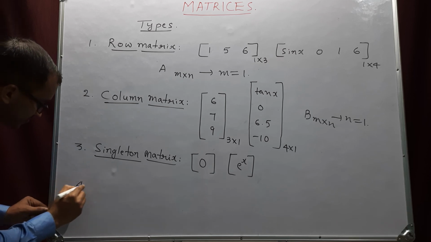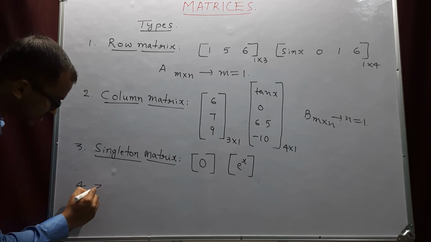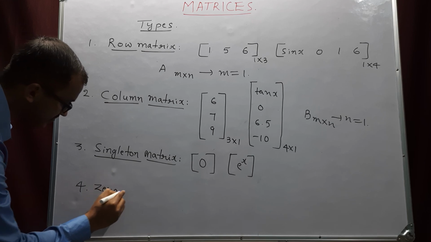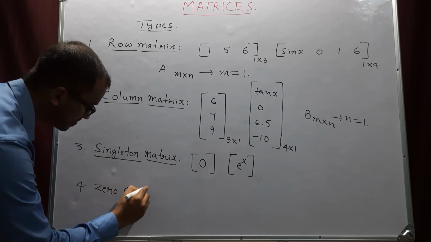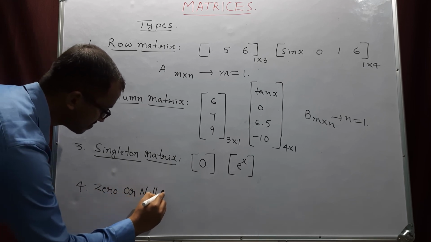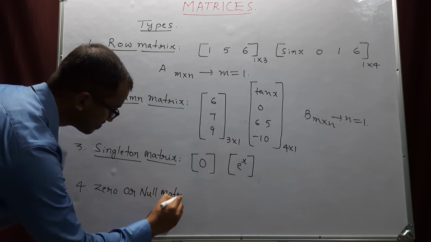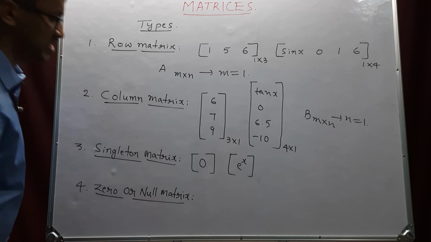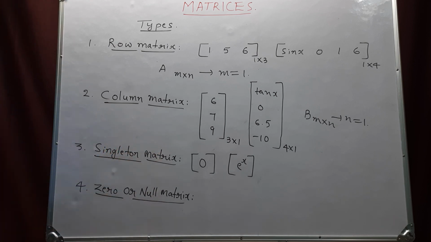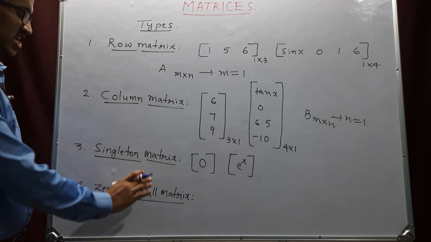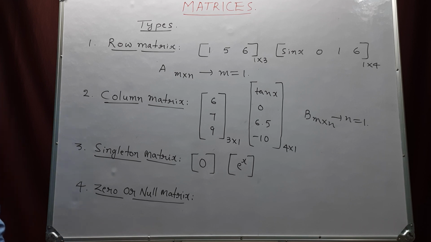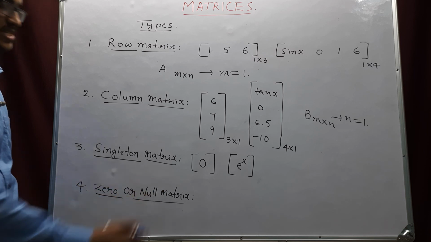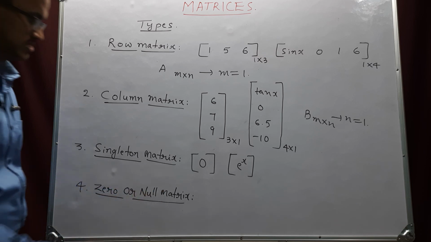The fourth one is the zero or null matrix. As the name indicates, if all the elements of the matrix are 0, then we call it a zero matrix or null matrix.